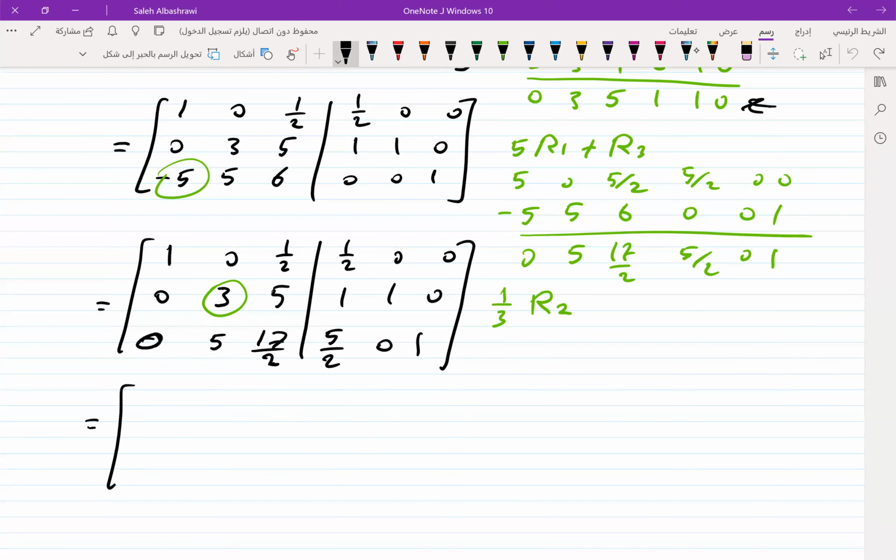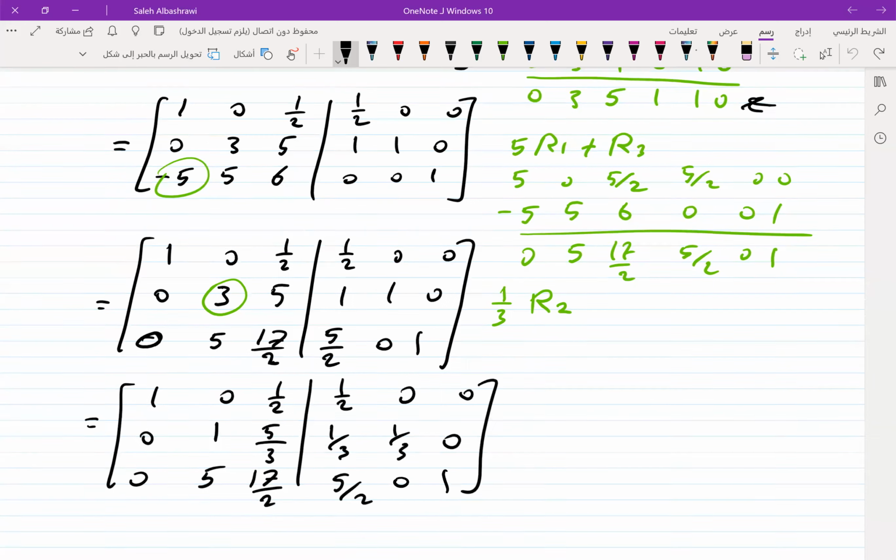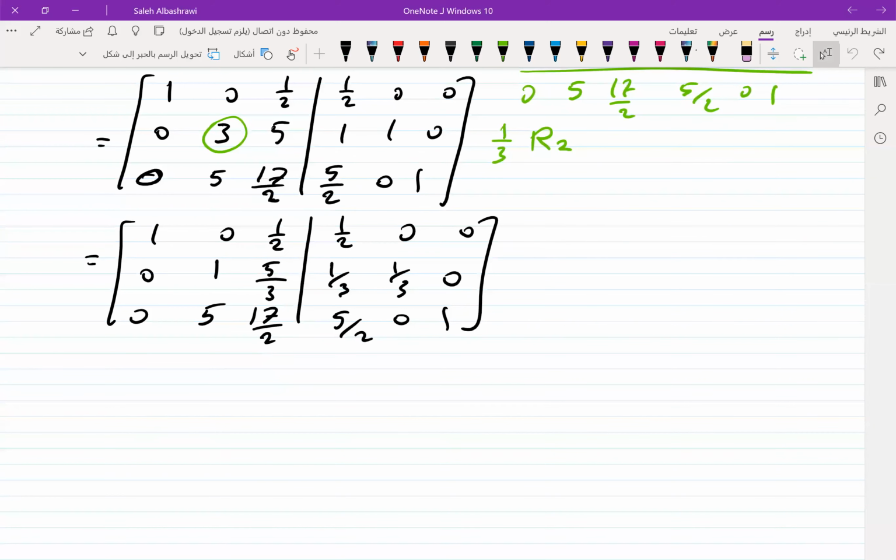That will give me 1, 0, 1/2, 1/2, 0, 0. 0, this will be 1, 5 over 3, 1 over 3, 1 over 3, 0, and 0, 5, 17 over 2, 5 over 2, 0, 1. Now it is equal to 1.